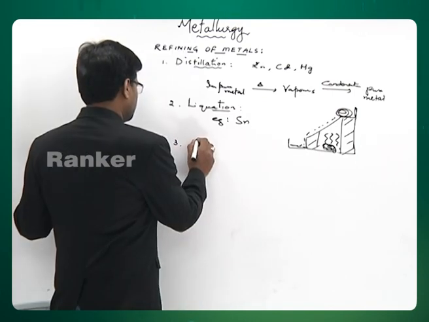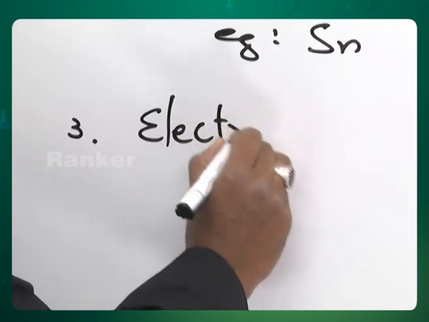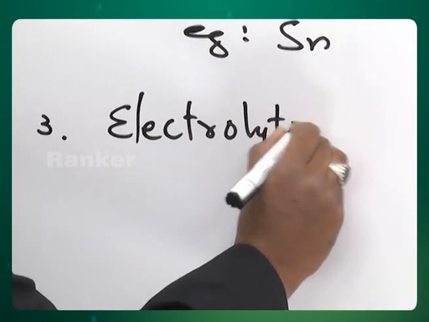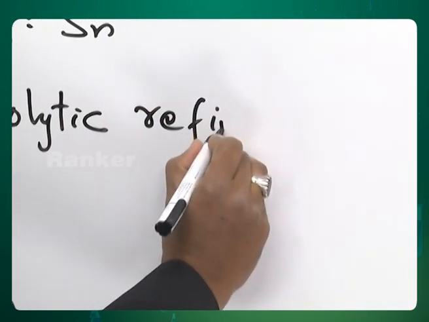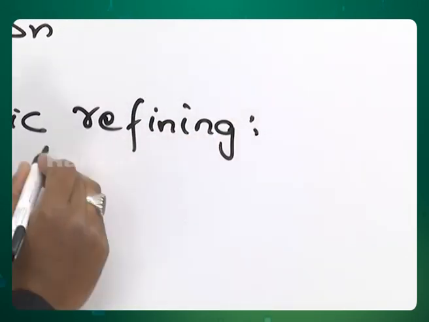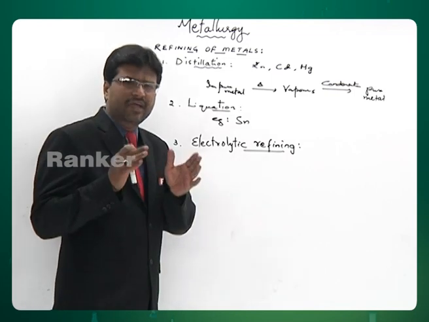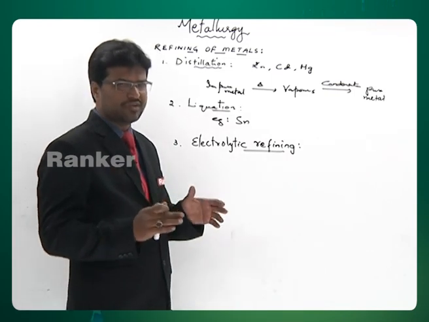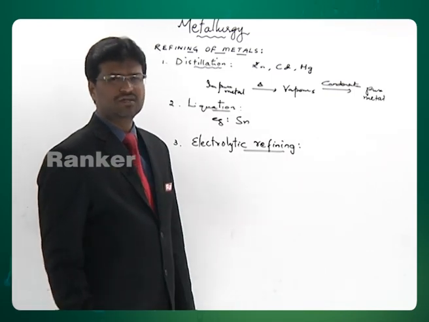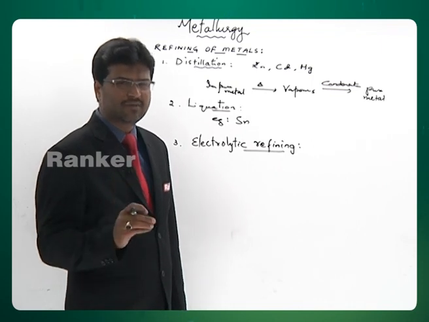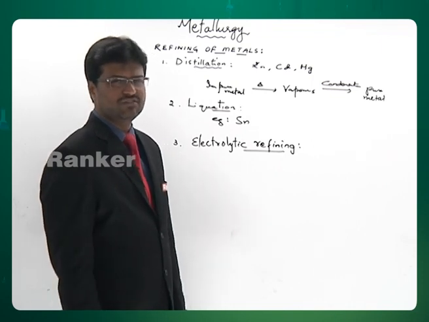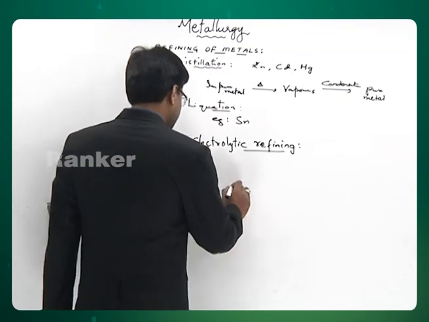Then you have electrolytic refining. Here we make the impure metal the anode and the pure metal the cathode, and a soluble salt of the same metal is used as electrolyte.